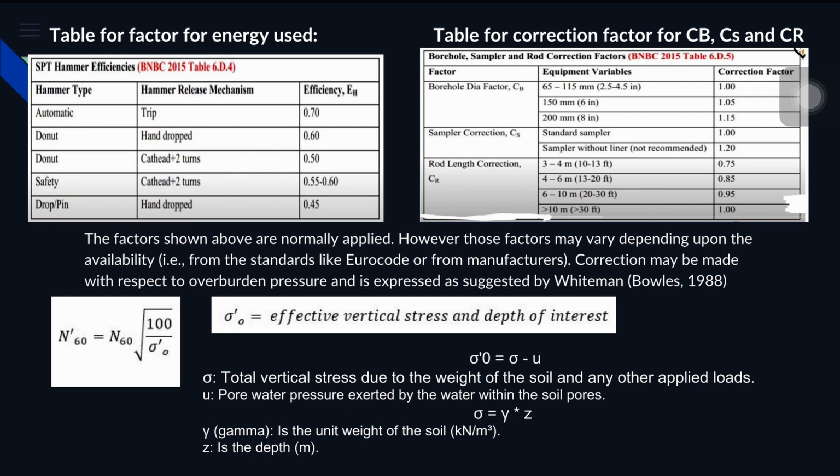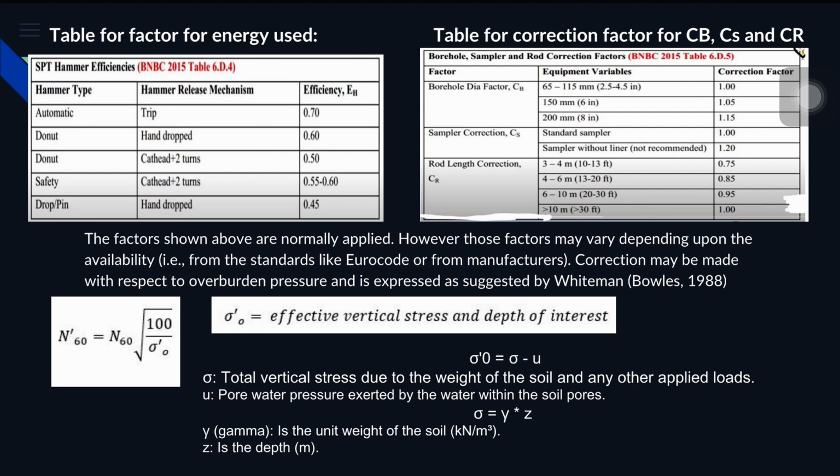These factors shown above are normally applied, however those factors may vary depending upon the availability from standards like Eurocode or from manufacturers. A correction may be made with respect to overburden pressure and is expressed as suggested by Whitman, Bowles 1988.